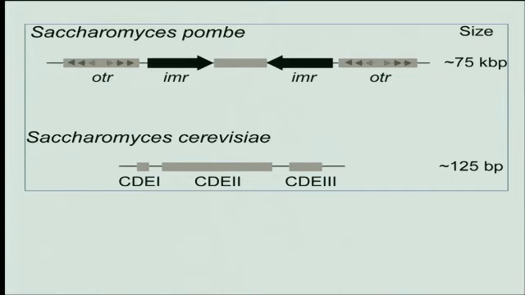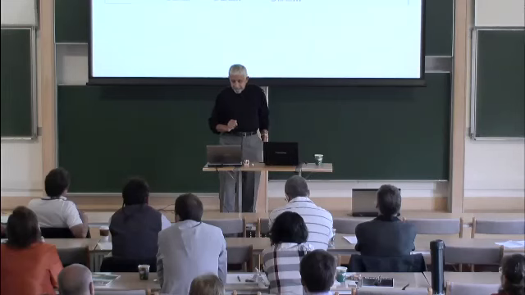So eukaryotic centromeres are rather unusual DNA elements. Normally these centromeres are best described as very long or enormously long elements. And these are called regional centromeres because they occupy a significant region of the chromosome in size.